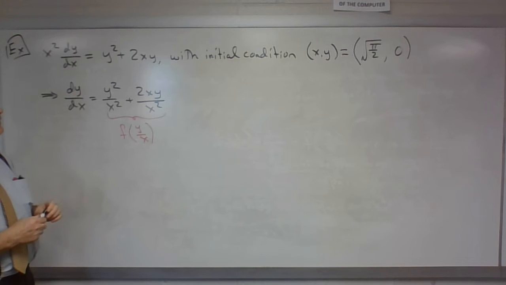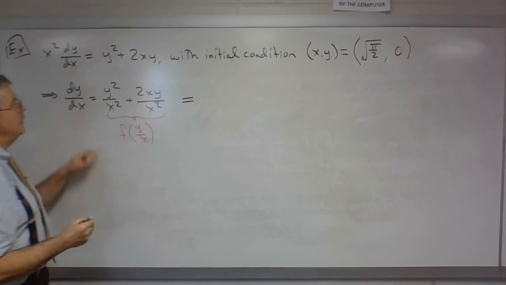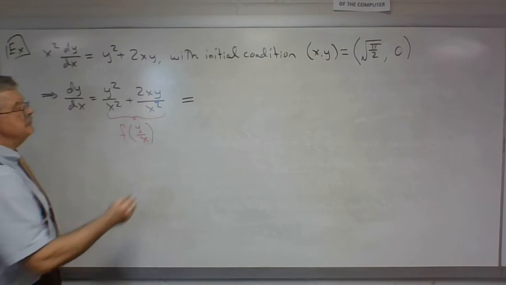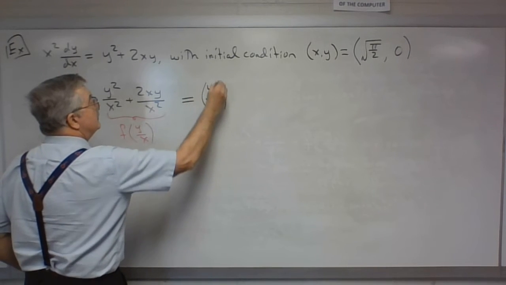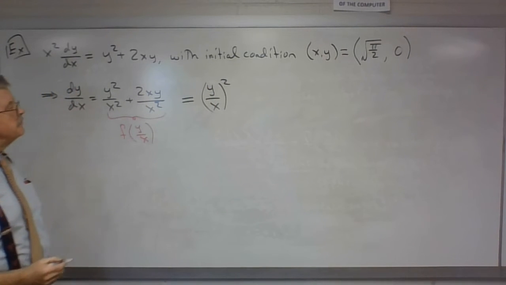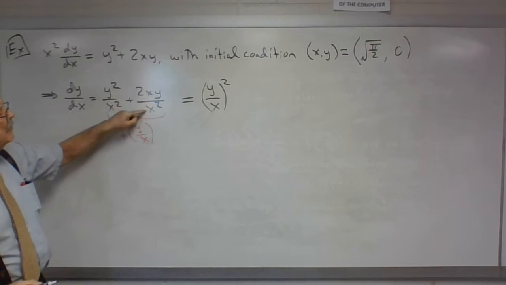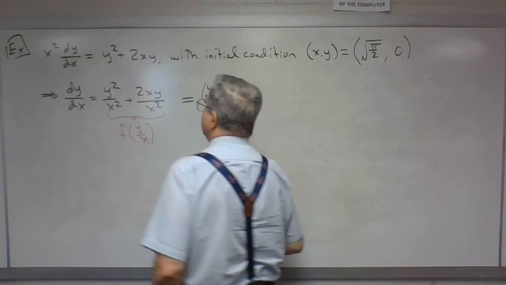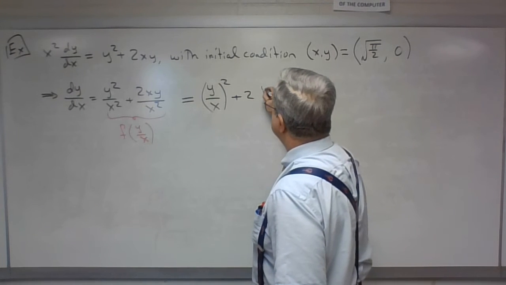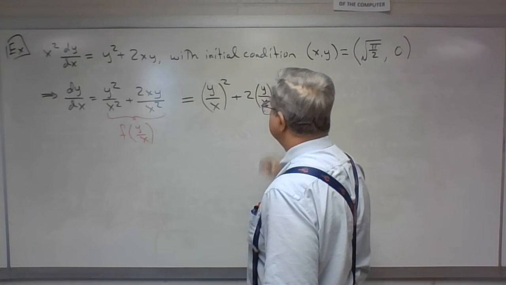And already I can see how this is going to happen. y squared over x squared, I can write that as y over x, quantity squared. 2xy over x squared, I can write that as 2y over x.